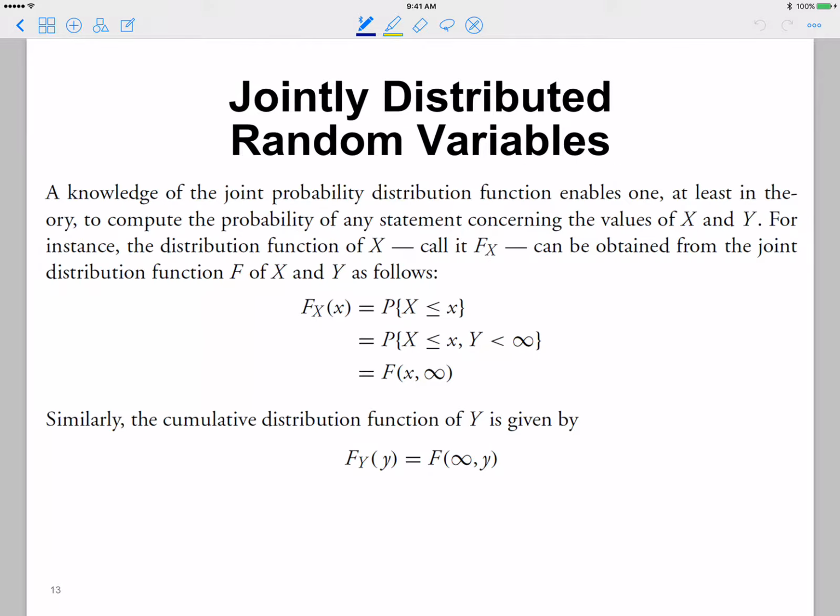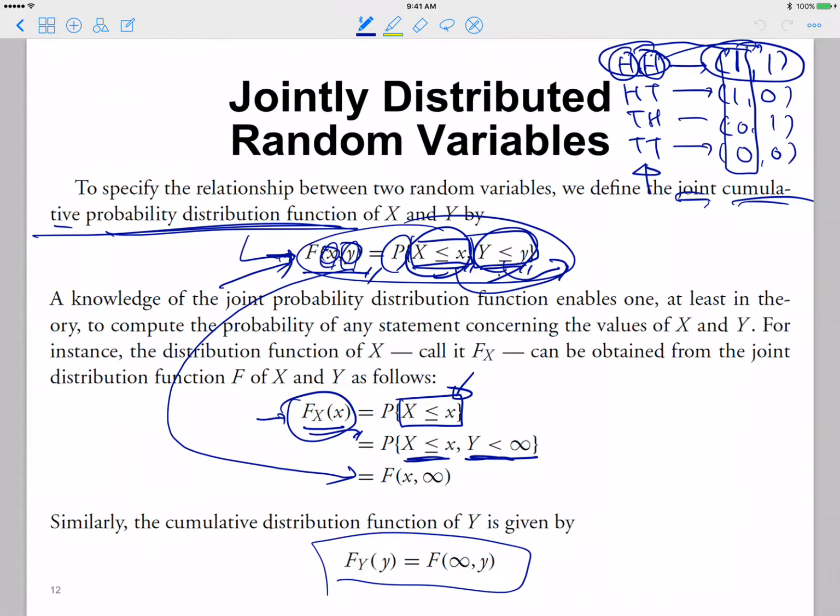Okay, and then in this case, similar to the process where we removed the other variable. So we were initially given the joint cumulative distribution function involving two variables. From there, we convert it to the cumulative distribution function that involves only one variable, x or y.